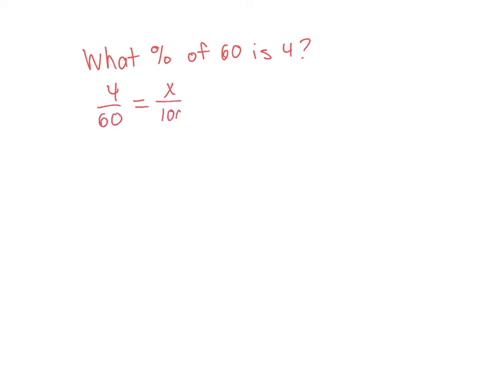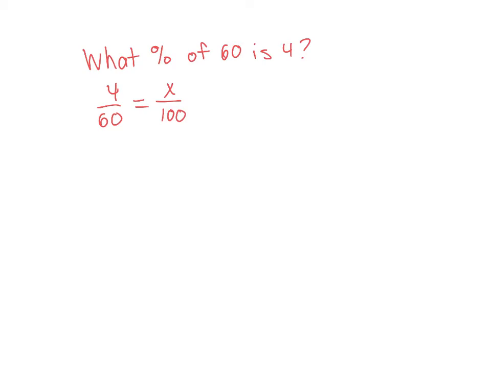Another example is where I'm going to find the percent this time. So what percent of 60 is 4? So my is 4, my of is 60, I don't know the percent, so that's what's going to go over 100.